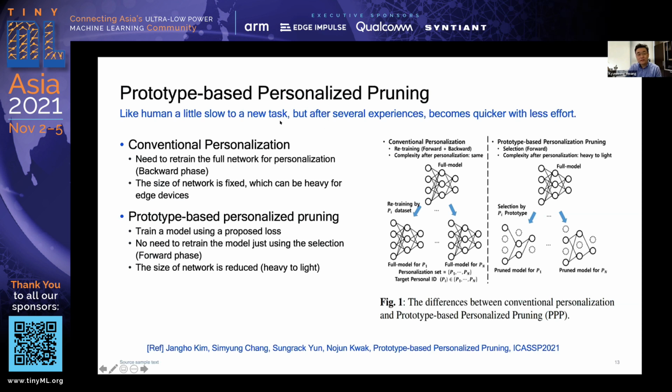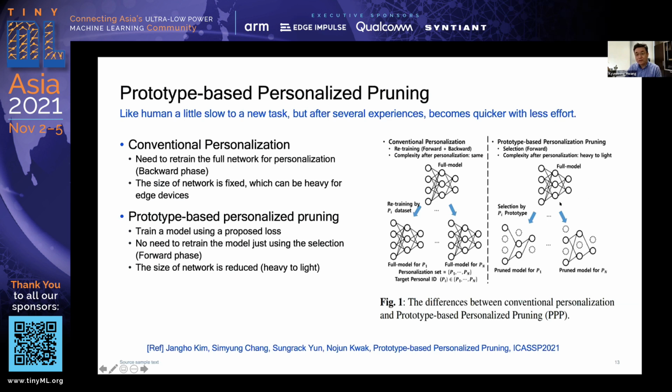It's like a human: a little slow for a new task, but after several experiences, it becomes quicker with less effort. We assume that the primary path of the processing is identified and done in a simpler way. So instead of updating the model parameters with backpropagation, we start with a somewhat bigger model and just select the parts of the network that are best for that person.